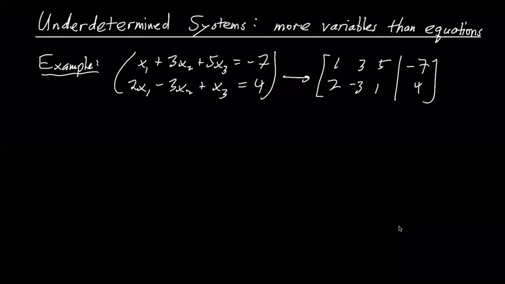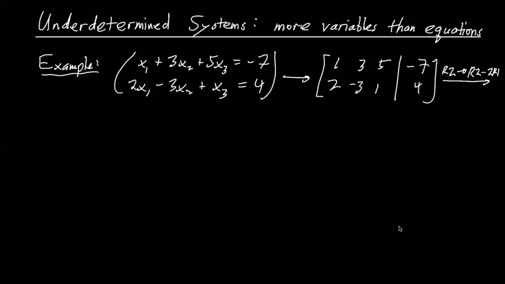There's a couple steps here. I'll tell you the first one, and then I'm going to ask you to fill in the others. The first one, you could take the second row and subtract twice the first row, right?